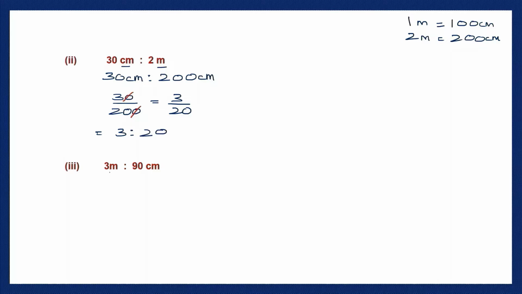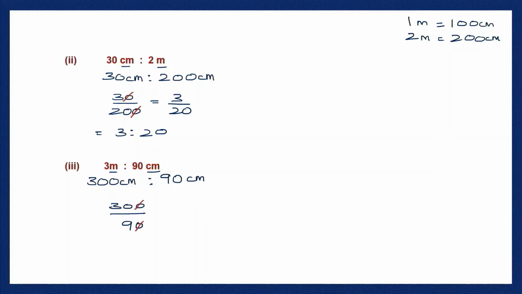Next question is also meter and centimeter, and we convert meter to centimeter. 1 meter is 100 centimeters, therefore 3 meters is 300 centimeters is to 90 centimeters. Now we'll write it as a fraction, 300 by 90, and let's cancel 1 0 there and 1 0 here.